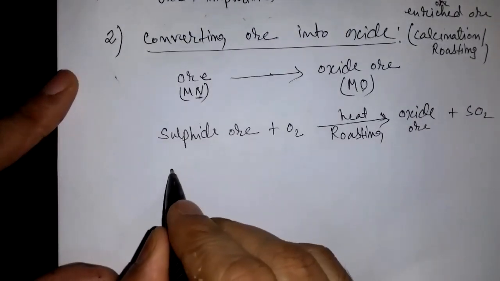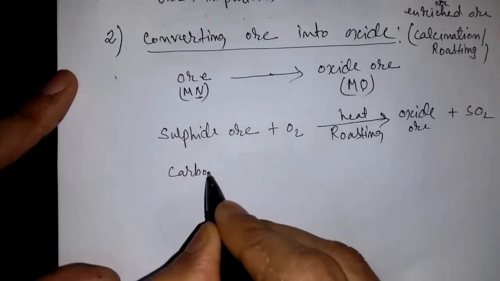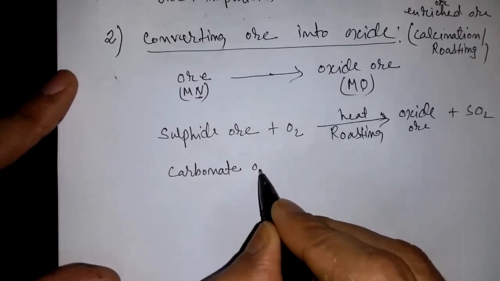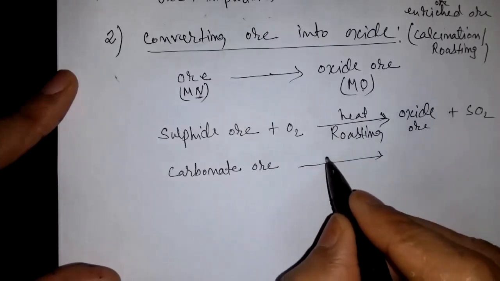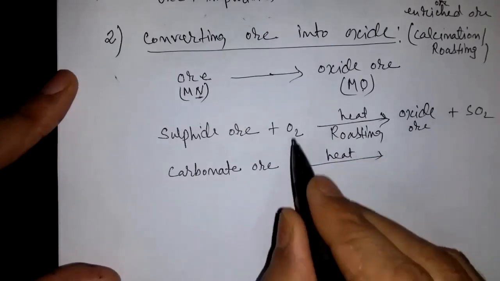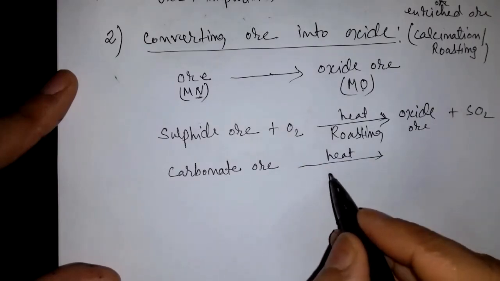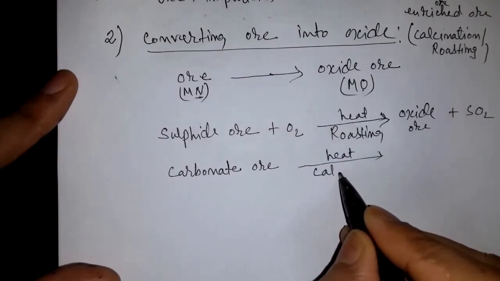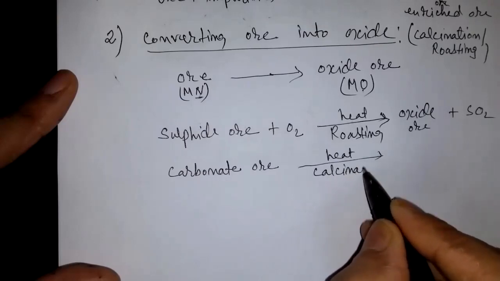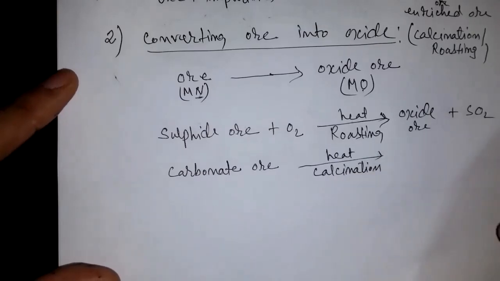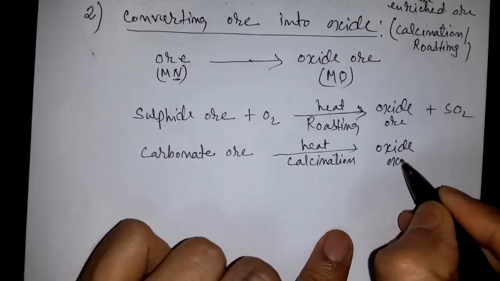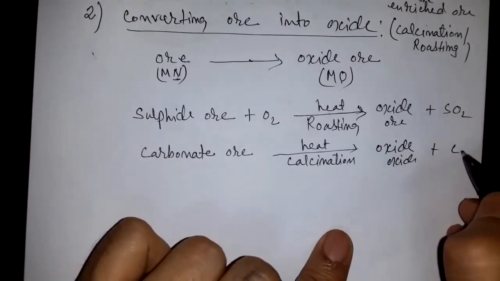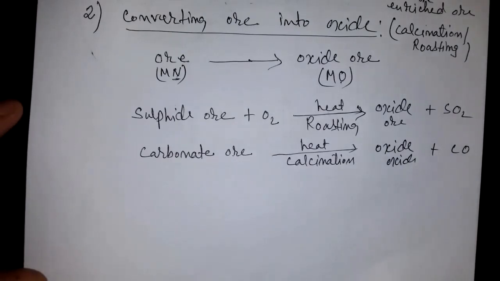But if your ore is a carbonate ore, then you heat it in the absence of air. You heat, but don't write plus O2. That means you're heating in the absence of air. This is called calcination. After calcination, your ore becomes oxide ore, and some carbon dioxide gas goes away.